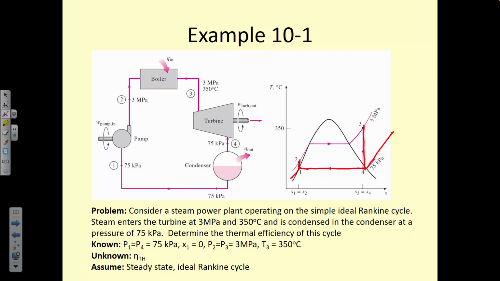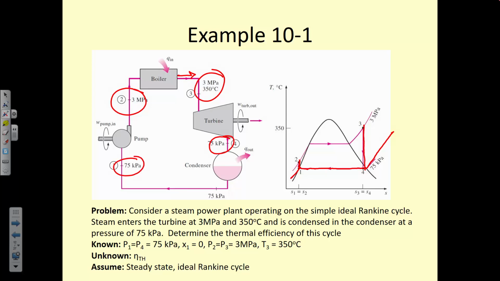So the ideal Rankine cycle will always just be a low pressure condenser and a high pressure boiler. So the pressure at the exit of the boiler is going to be a high pressure, and the pressure at the exit of the pump is also going to be that high pressure. Whereas the pressure at the exit of the turbine and the entrance of the pump will be at the low pressure.